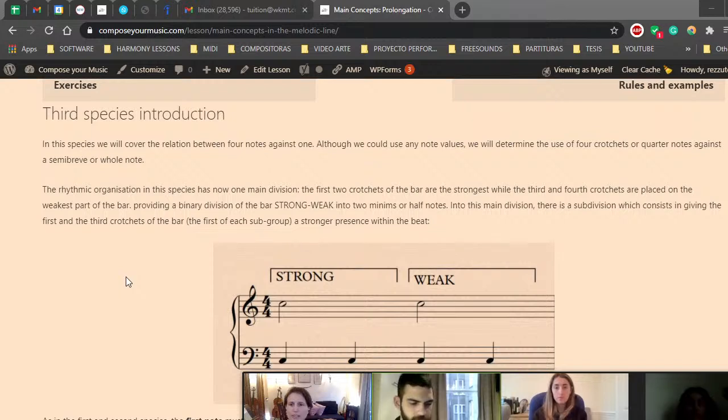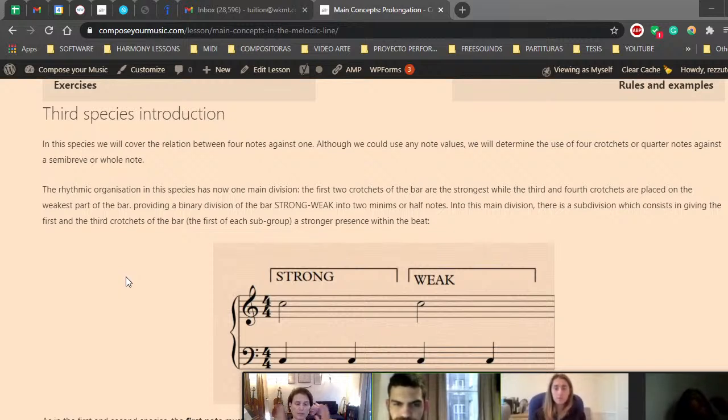The rhythmic organization in this species is strongest where the third and fourth crotchets are placed on the weakest part of the bar, providing a binary division of the bar, strong and weak, into two minims or half notes. This division, to be fair, you already know. In a 4/4, the first part is the strong, the second part is the weak, the weakest.